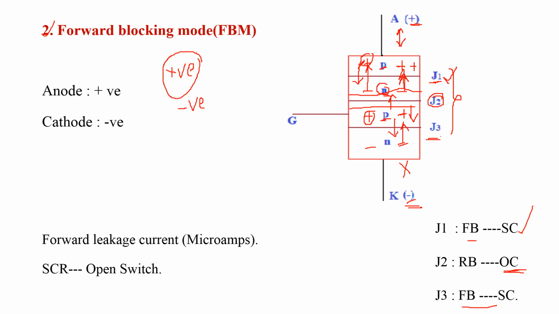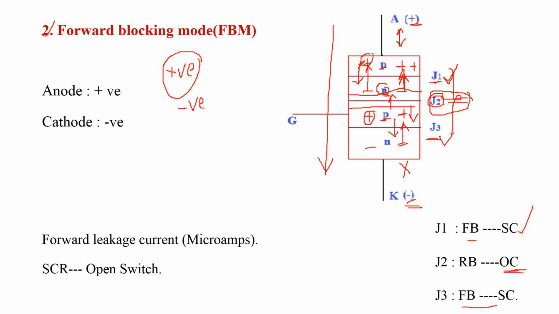Here junctions J1 and J3 are in forward bias, but junction J2 is in reverse bias. Due to this reverse biased junction, there is no possibility for current to move from anode to cathode.